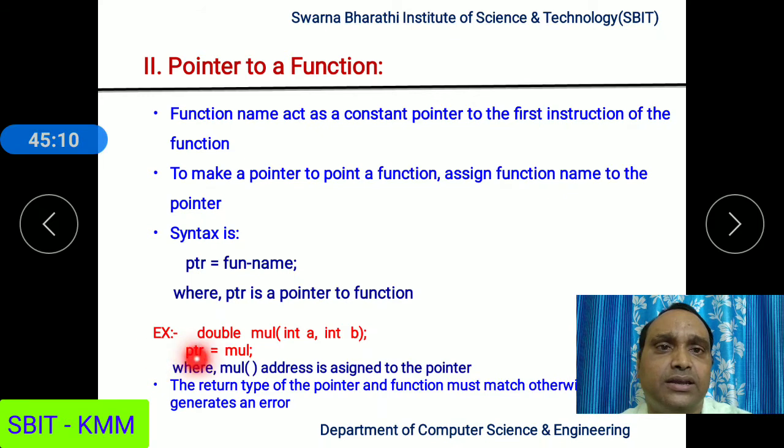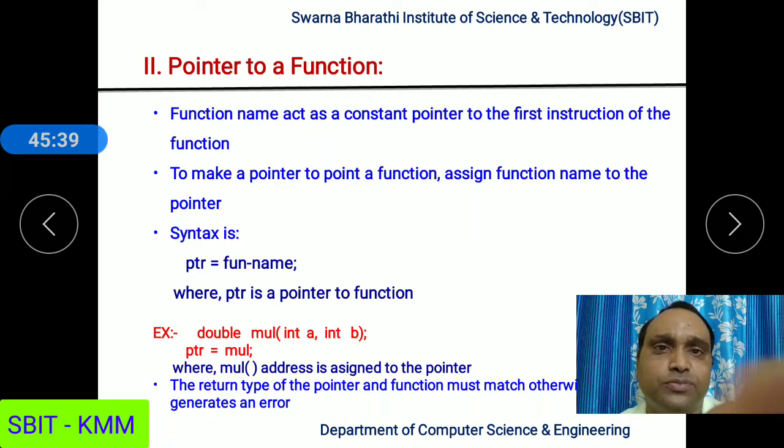You can write that pf pointer is equal to mul. Mul is giving the address of its first instruction to the pointer. Now the ptr pointer is pointing out the address of the first instruction of the mul function. Means ptr is accessing the address of the first instruction of the mul function.